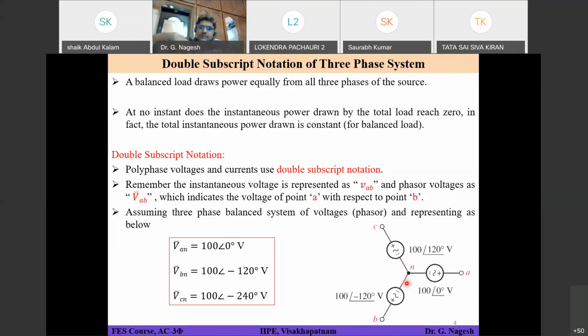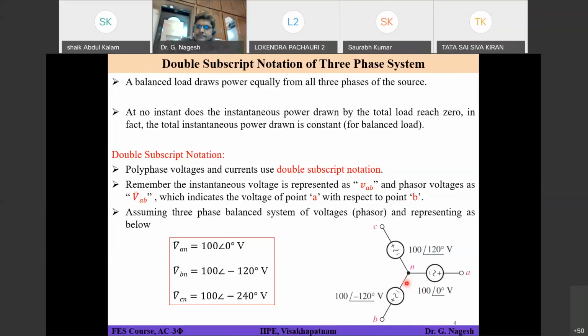Okay, so that is what in space: if you consider your vector, it can rotate 360 degrees, angular motion, angular velocity. That circular rotation which is happening in your generator is coming out in the form of a time function, and that time function has a 360 degrees time period.